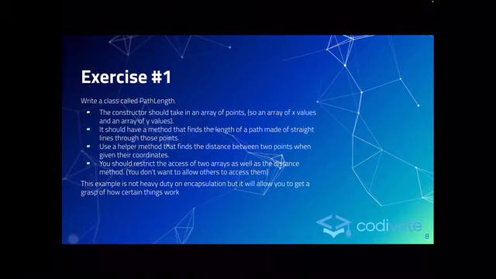So if you wanted to get a path, you would just put the points into the method and it would calculate the total length or distance of the path. To do that, you should use a distance method that finds the distance between 2 points when given their coordinates. If you give the method the x value and the y value of the first point and the x value and the y value of the second point, you can calculate the distance between those 2 points.